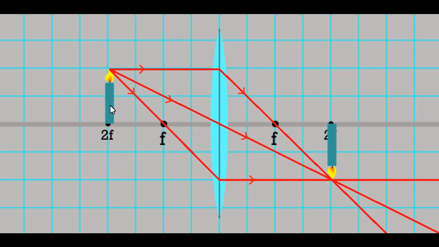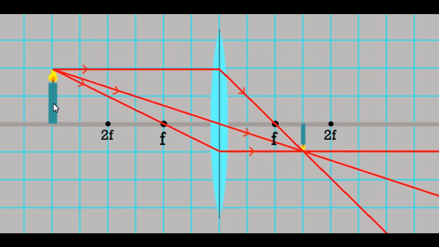Now suppose I keep the object here, this is 2f, and somewhere out of the screen represents the infinity point. So if you keep the object between infinity and 2f, the image will be formed between f and 2f, and the size of the image is small compared to the size of the object.